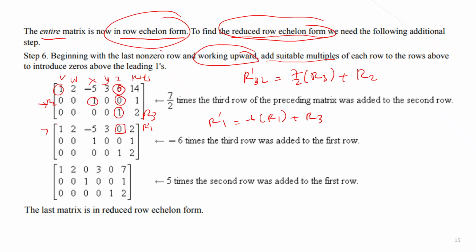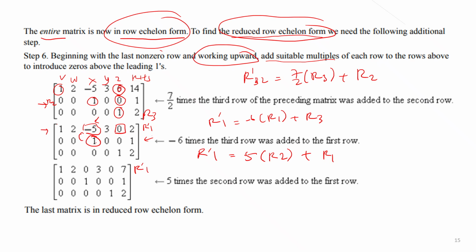And then finally, the next one is this one, the leading one. So you want to make the above it become 0. So what you need to do is, from this augmented matrix, the new row 1 will be equal to 5 times, because this is minus and this is positive, 5 of row 2 plus the original row 1.